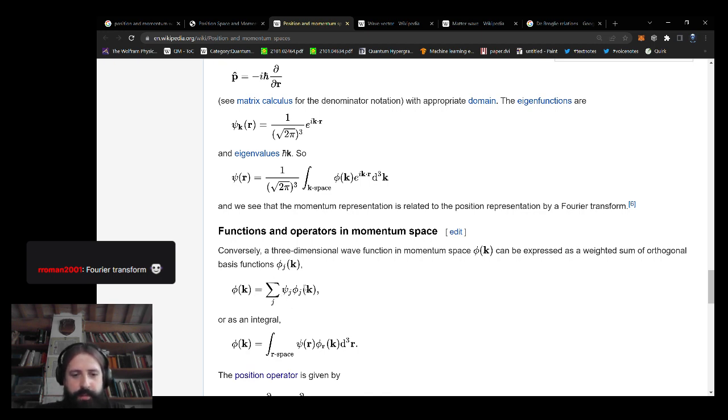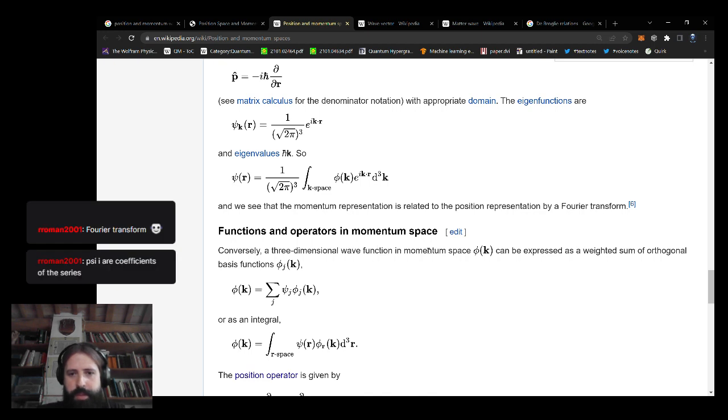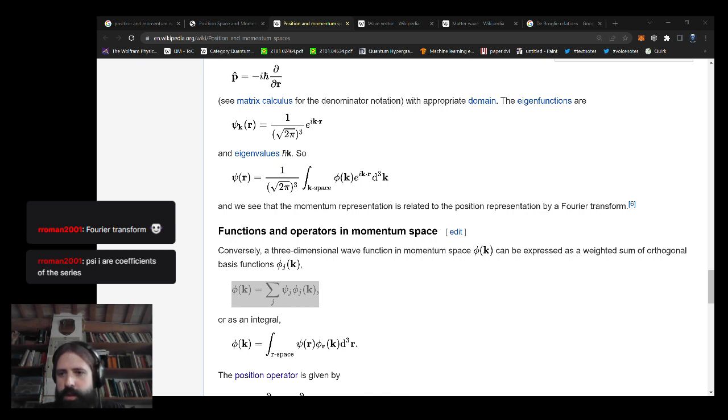I don't understand at a fundamental level why we are multiplying psi, which is in space, with the basis functions, eigenfunctions of k space or momentum space. I need to somehow open that box. Coefficients of the series. But I'm not so sure why.